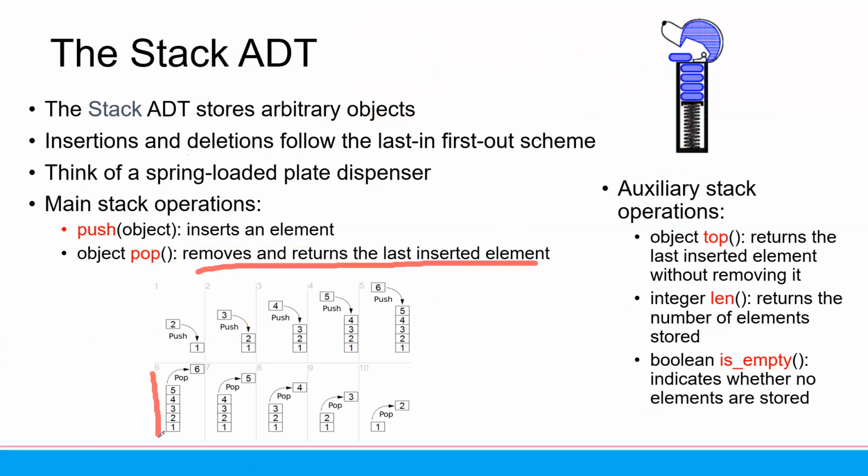So if I already have this kind of stack, 1, 2, 3, 4, 5, 6, once I pop, the last element will be removed. 6 is removed. If I pop again, the last element, which is 5, will be removed. If I pop the next, the last element, which is 4, will be removed. And so on until the last element, which is at the bottom.